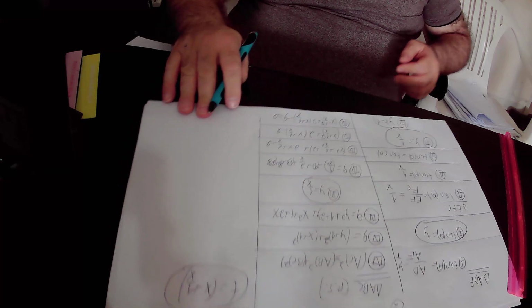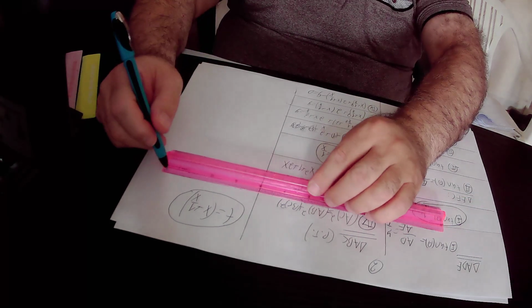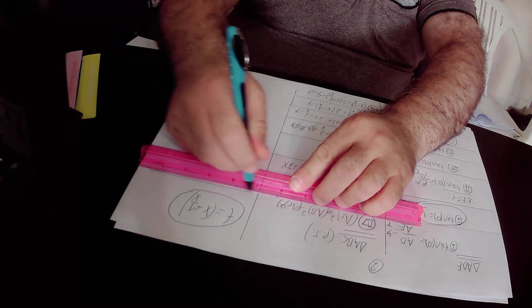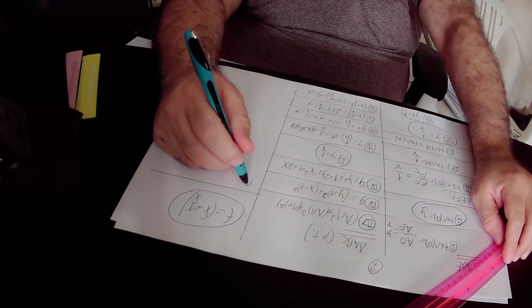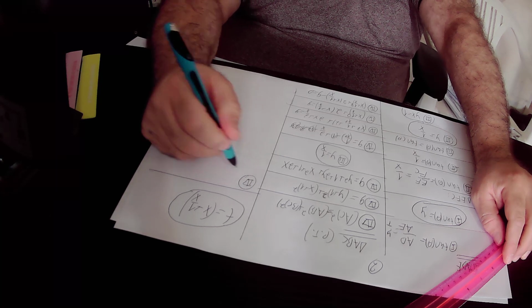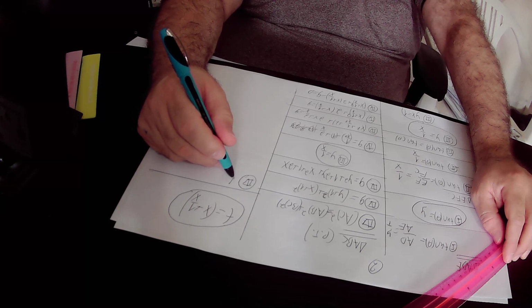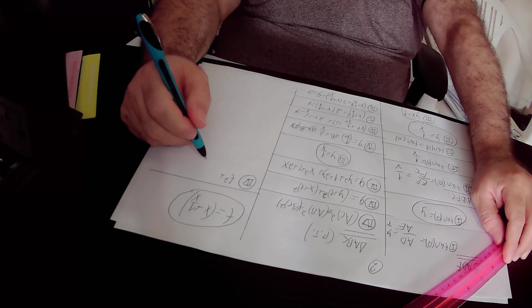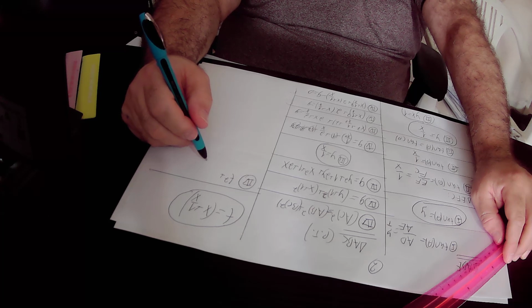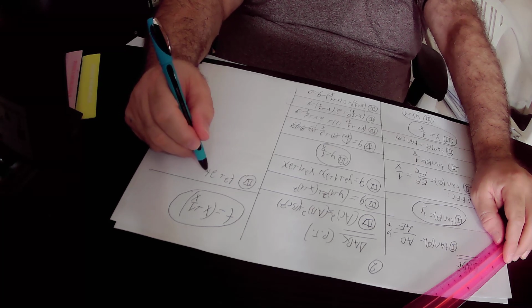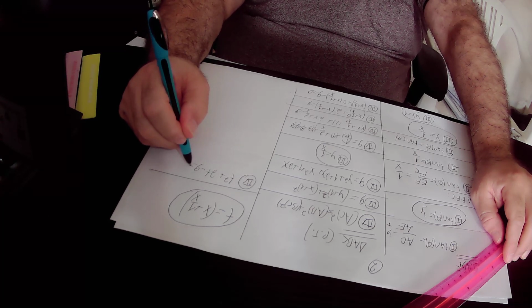According to equation number 4, (x plus 1 over x) squared will be equal to t squared, plus 2 times (x plus 1 over x) is 2t, minus 9 equals to 0.